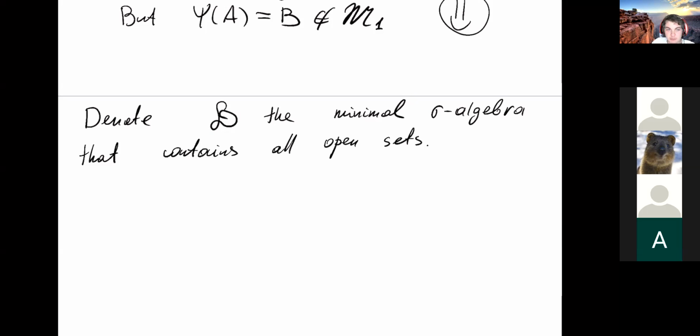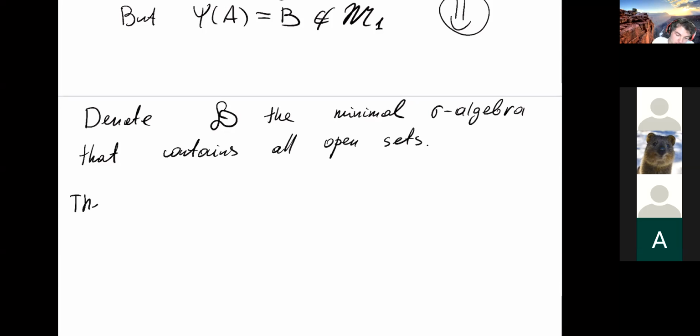And by minimal, I mean with respect to inclusion. So if we have another sigma algebra that contains all open sets, then B should be a subset of this second sigma algebra.